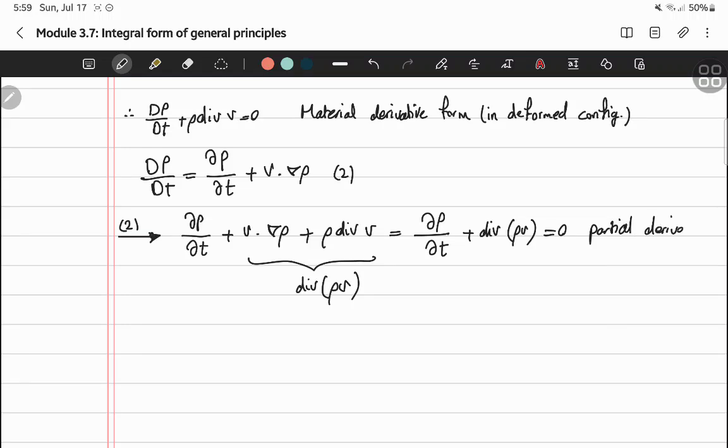This is the partial derivative form, and it's again in the deformed configuration.